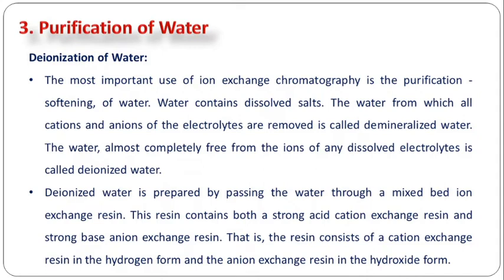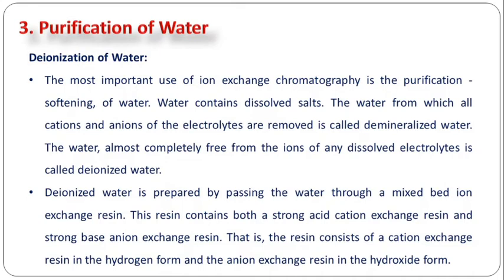The most important use of ion exchange chromatography is the purification, that is softening of water. Water contains dissolved salts. The water from which all cations or anions of the electrolytes are removed is called demineralization of water. The water almost completely free from ions and any dissolved electrolyte is called deionized water.